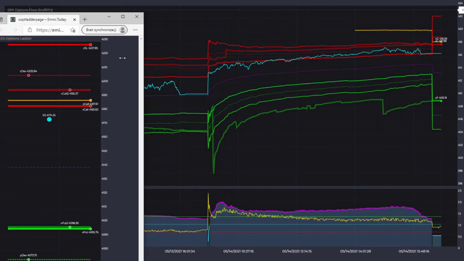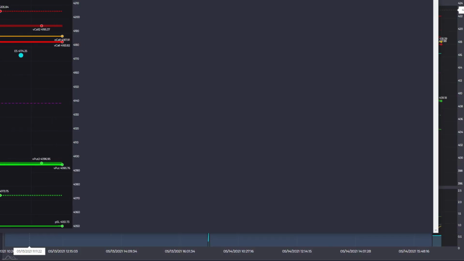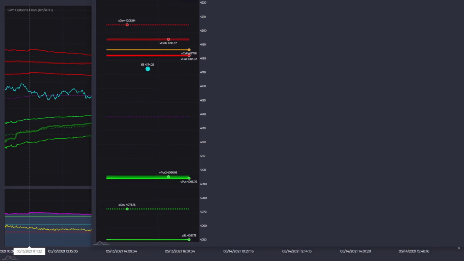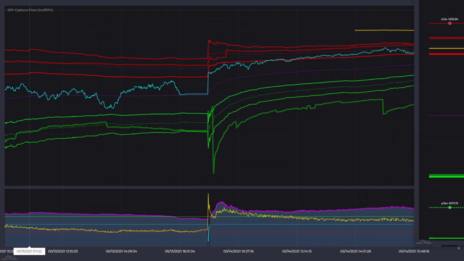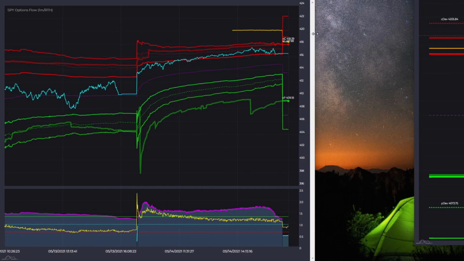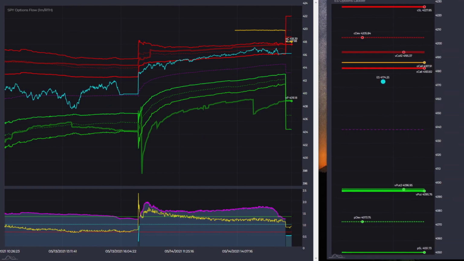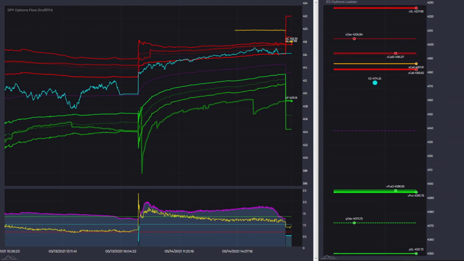Because one is for the SPY, so the ETF, and the other is for futures, so the ES. Let me put it side by side here. Yeah, okay.